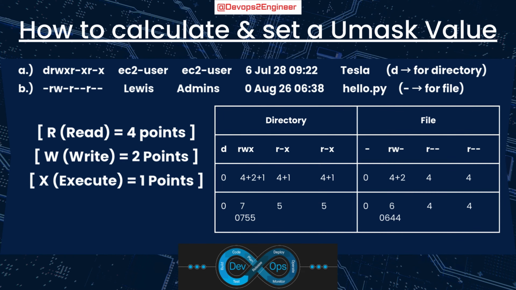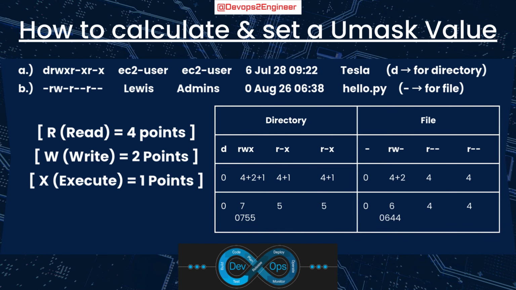So the owner has full permission over it, has read, write, execute, which is 4 plus 2 plus 1, which equals 7. While group owners have only read and execute permission, which is 4 plus 1, which is 5. Same as others, 4 plus 1, which is 5.